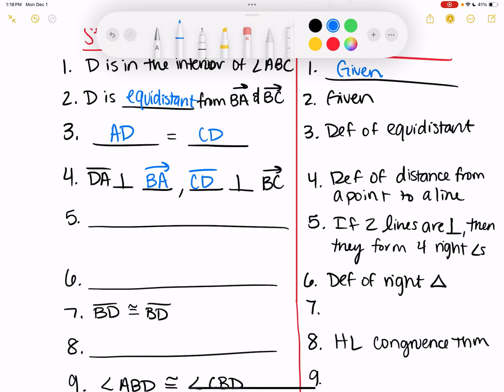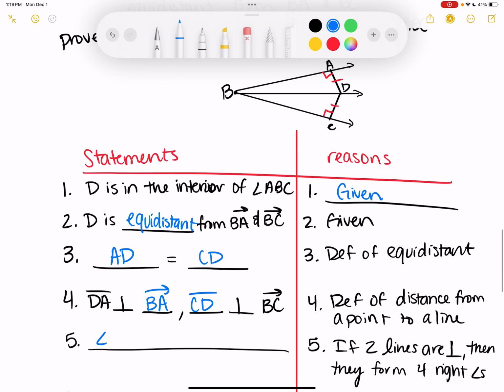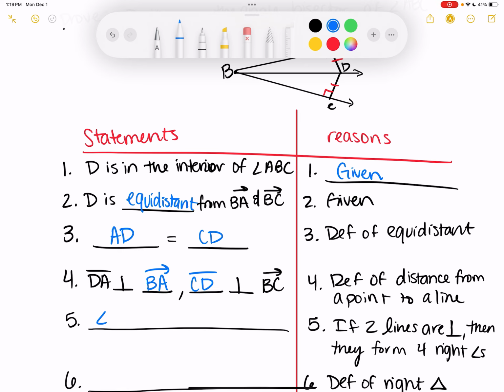Angle A is equivalent to angle C. Well, that's true, but that wouldn't be the reason for this. Angle A and angle C are what? Right angles. Yep. So yes, that is true, but with the reason they gave us, I would just need to say that they're right angles.